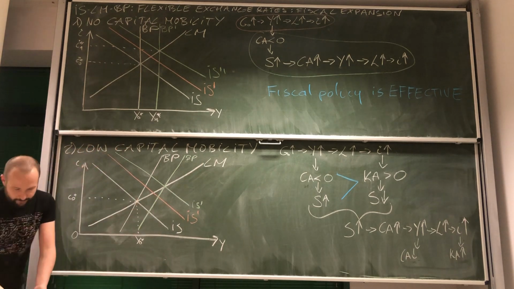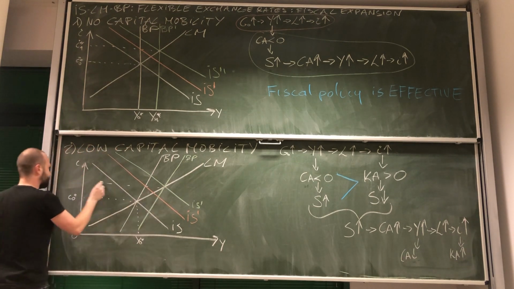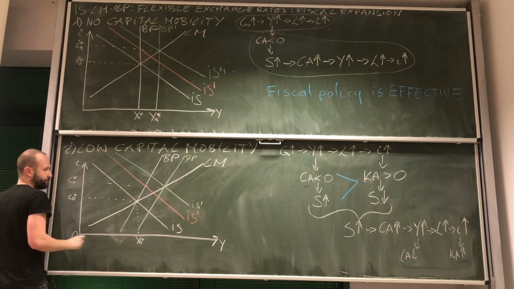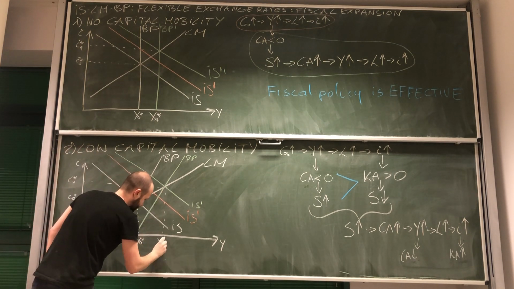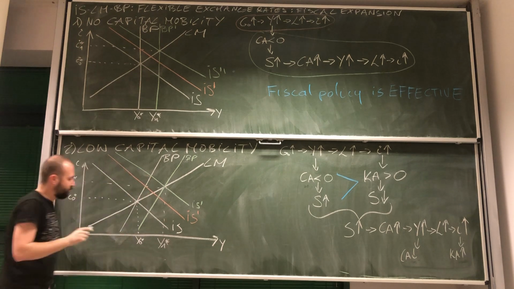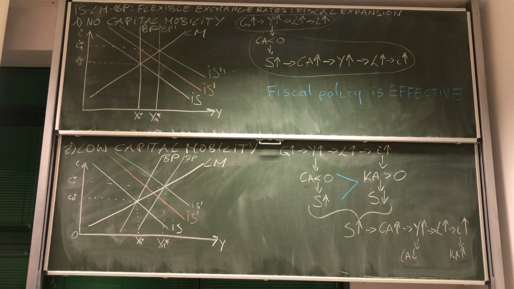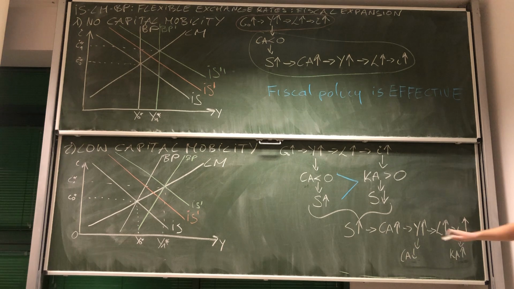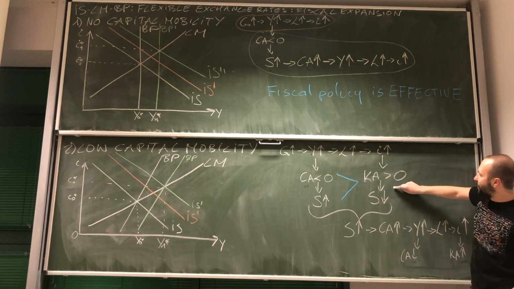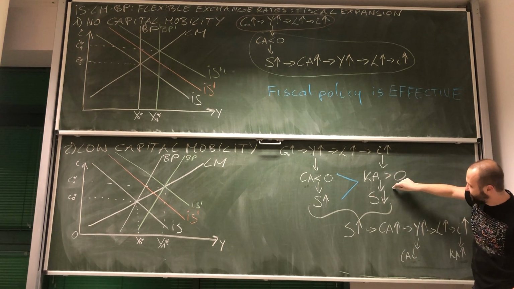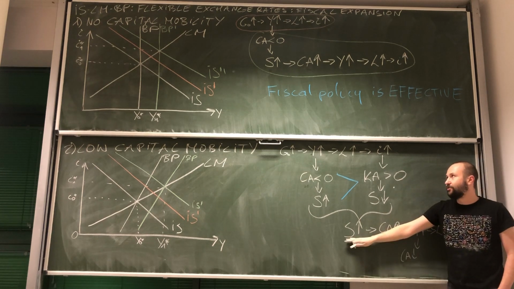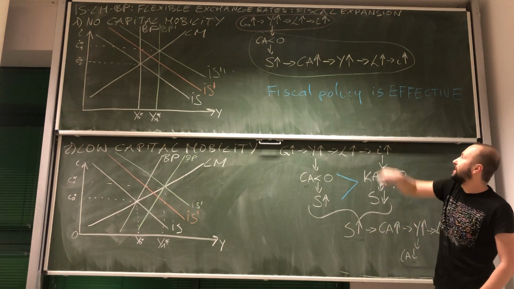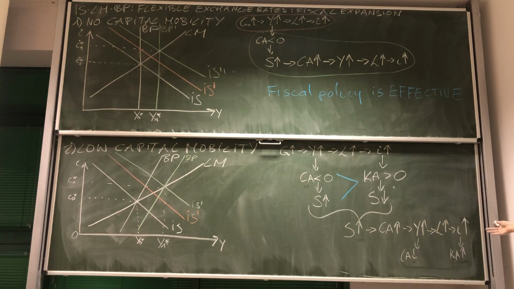So we see again that both interest rate and GDP increased, but this time GDP increased by a little bit less. Why? Because we had now opposing pressure on appreciation. So the currency depreciated by less than over here. And as a result, of course, GDP increased by less.